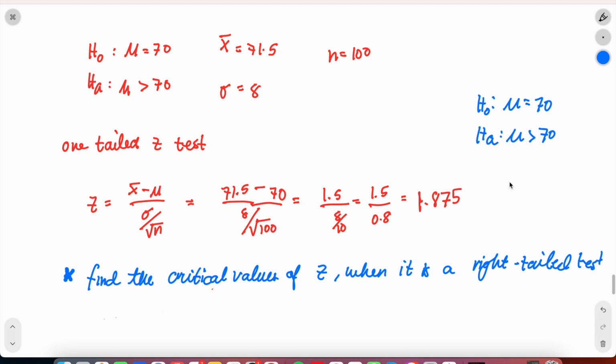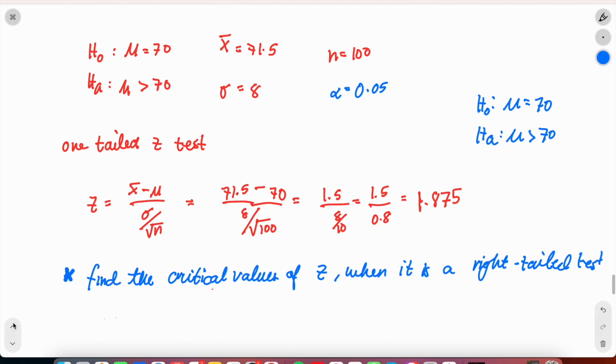Okay, so how do you find the critical values of z when it's in a right-tailed test? First, we should note that from the given our alpha was 0.05. Am I correct? Yes. Our alpha was 0.05.